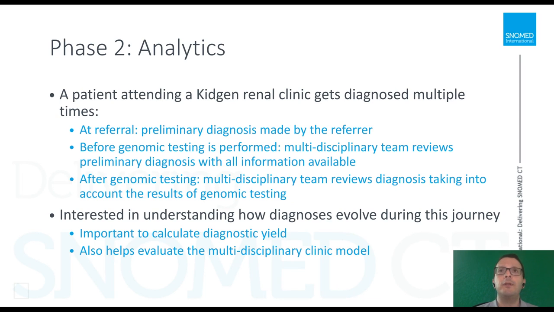So at referral, they were diagnosed. Then the patient was assessed at the clinic. A second diagnosis was produced using all the information available at that stage, but without any results from genomic testing. And a final diagnosis was done again by this multidisciplinary team once the genomic testing results were ready. So the idea was to visualize how these diagnoses evolved throughout this patient's journey.